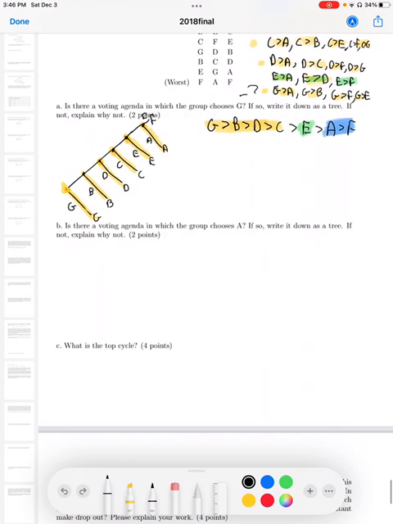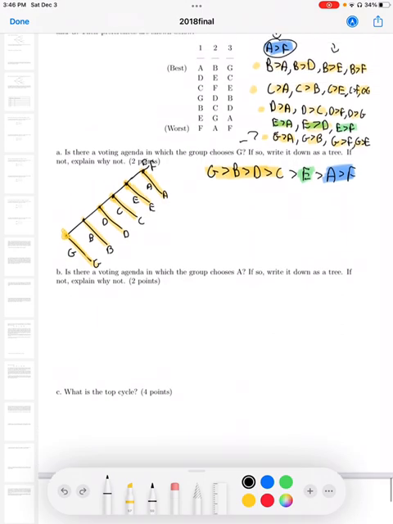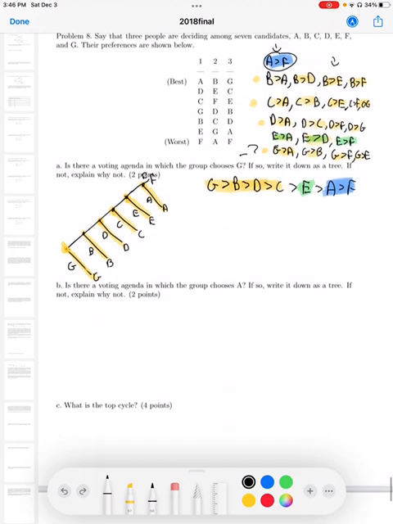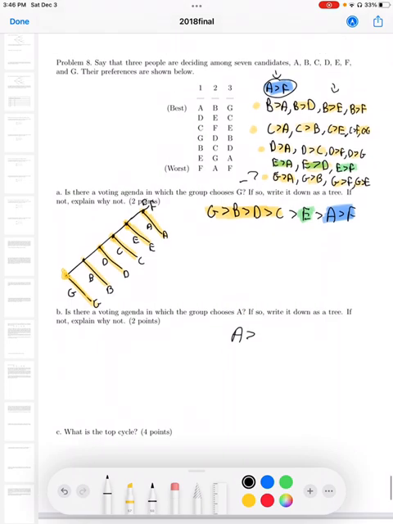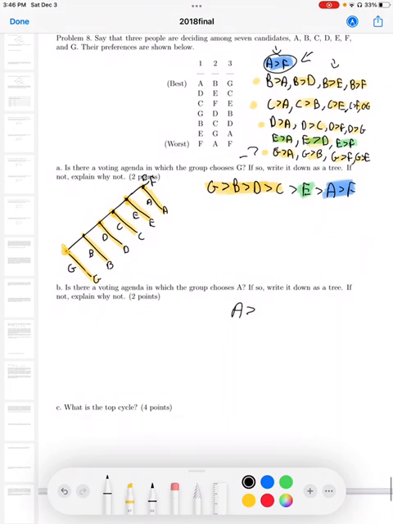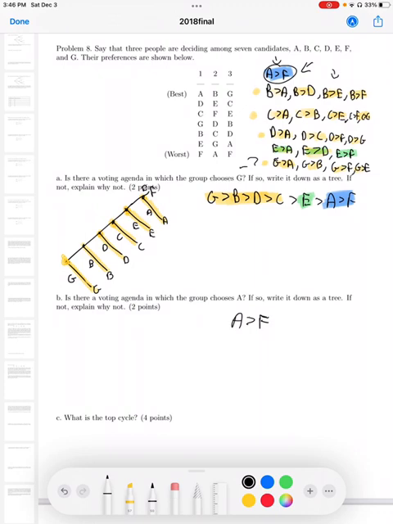So part B says, is there a voting agenda in which the group chooses A? So once again, it's the same thing. But this time, we have to start A at the beginning. But like I said earlier, A only dominates F. So if we make A dominate F, then over here we have F does not dominate anything else.